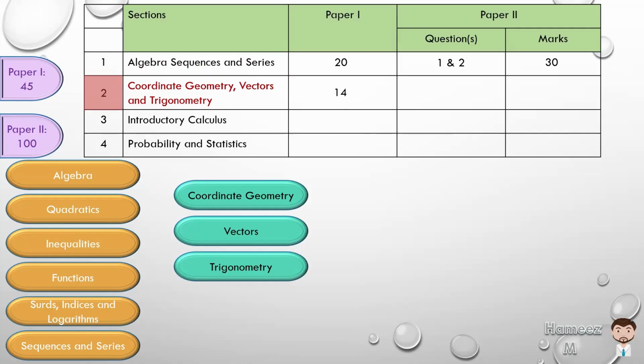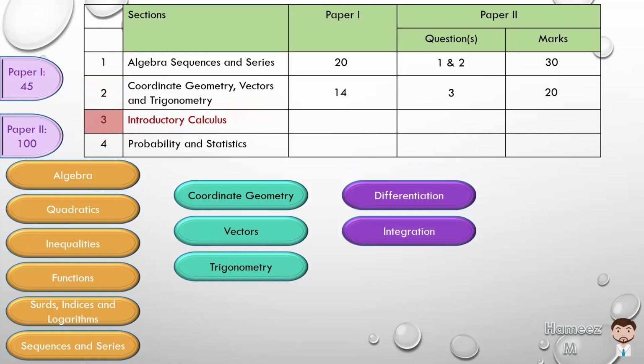In paper 2, the long paper, there will be only 1 question, number 3, that assesses section 2, and that is worth 20 marks.